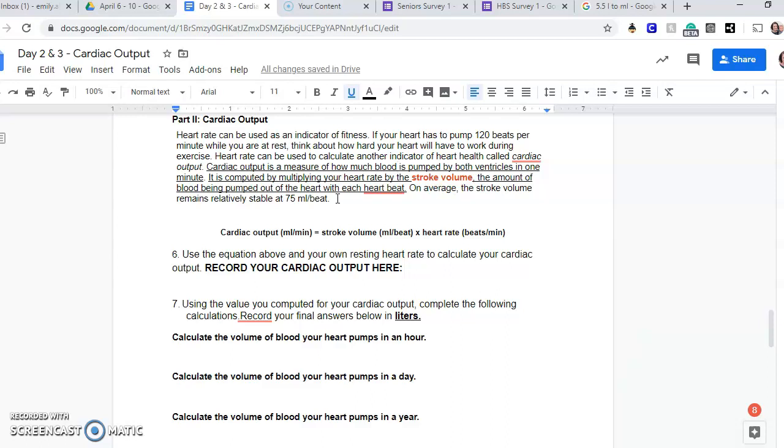And so that is what your cardiac output is. The amount of blood you pump in 1 minute through your heart, and you get that by multiplying the stroke volume, which is the amount of blood your heart pumps in just 1 single beat, by how many times your heart beats in 1 minute. So you simply just do that math and put it here.